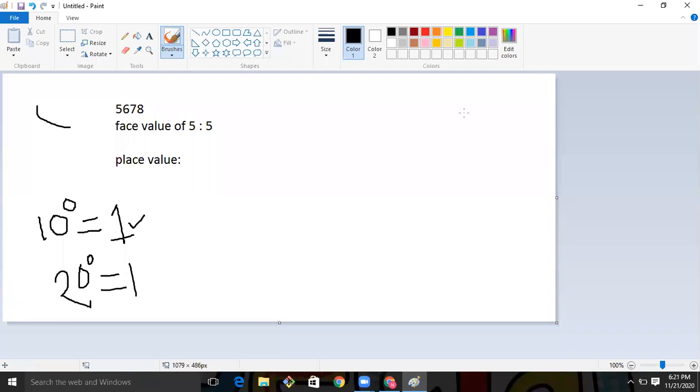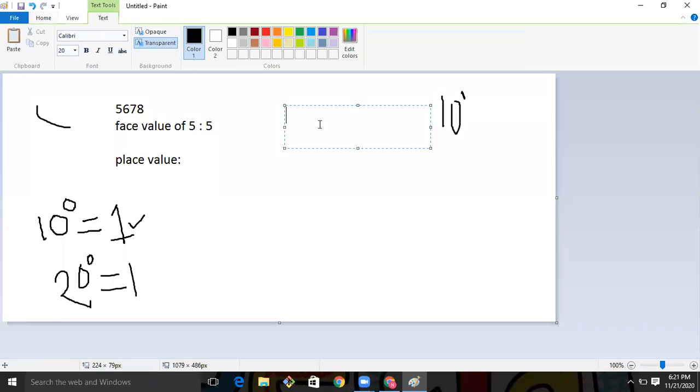This is very important. Now the 10 power 0 I am writing here like this, 10 with the 0 as the power.